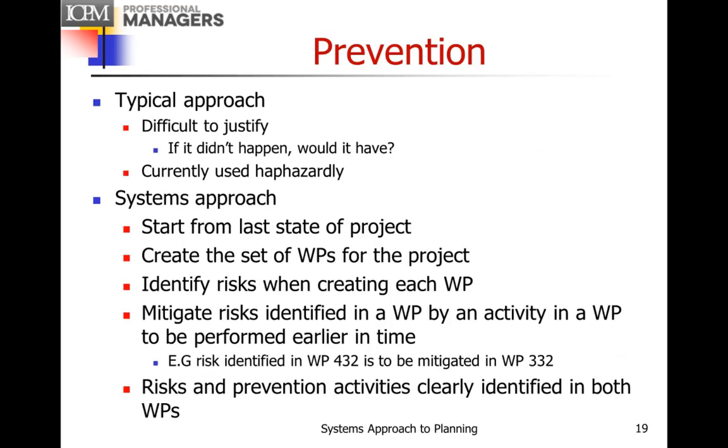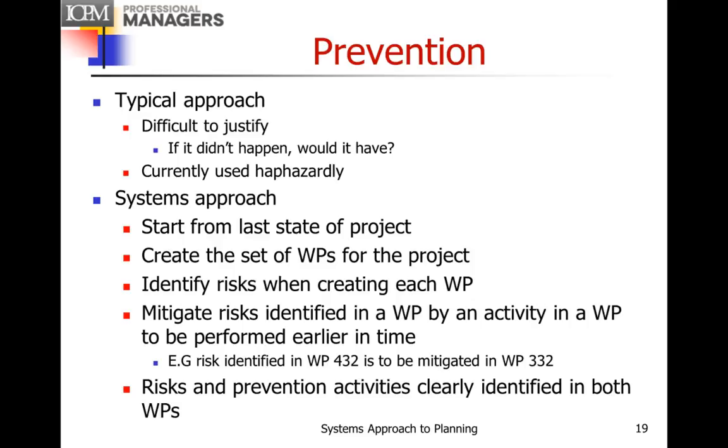So summarizing prevention. In our typical approach now, prevention is difficult to justify because if it didn't happen, would it have happened? So we do it haphazardly. In the systems approach, we start from the last state of the project, we create the set of work packages for the project, we identify the risks when creating each work package because the risks are associated with a work package, and we mitigate the risks identified in a work package by an activity in a work package to be performed earlier in time.